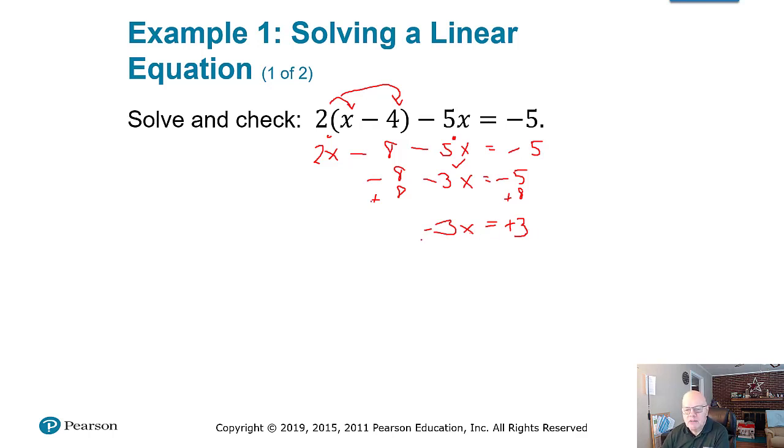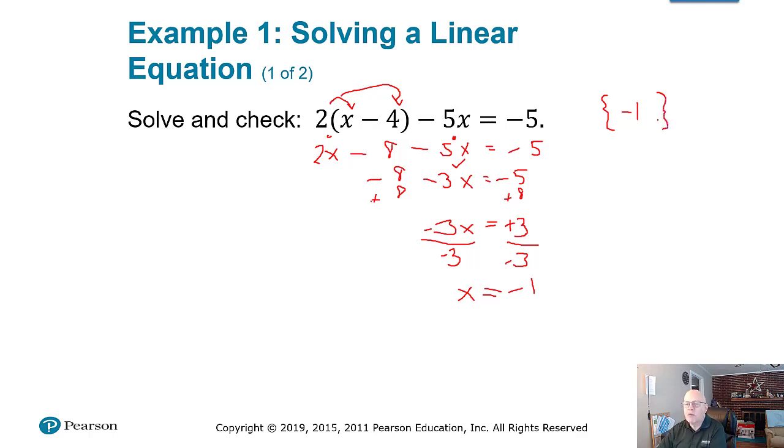Now, divide by the -3, or multiply by -1/3. Same difference. And what we have is x equals -1. So for a solution set, we put the -1 inside the braces. That's the only solution we have this time.